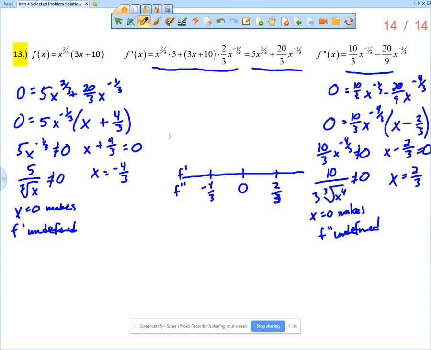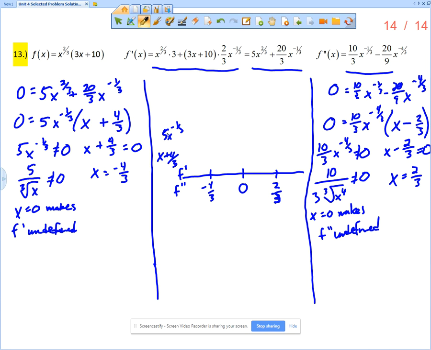For f prime, its factors are 5x to the negative 1/3 and x plus 4/3. On the top row, I'm going to put a u above 0, and a 0 above negative 4/3.